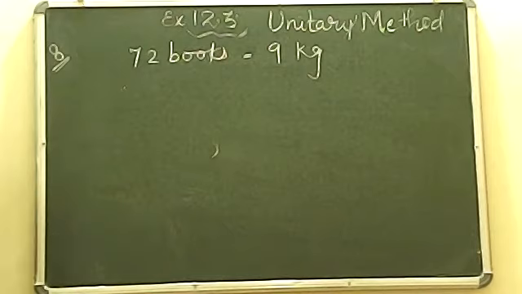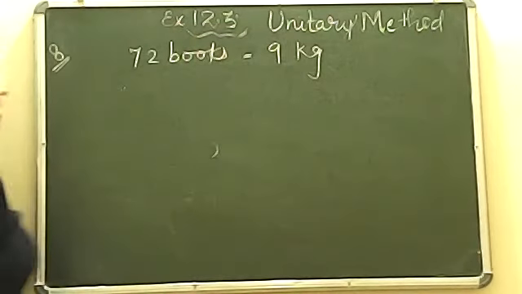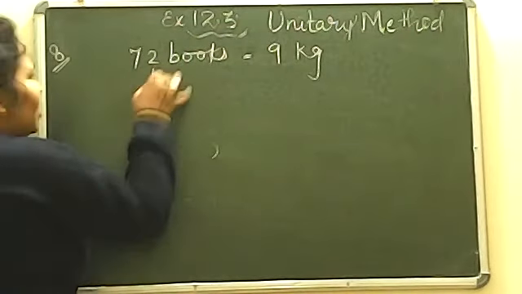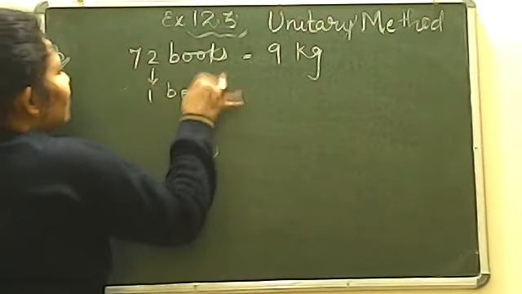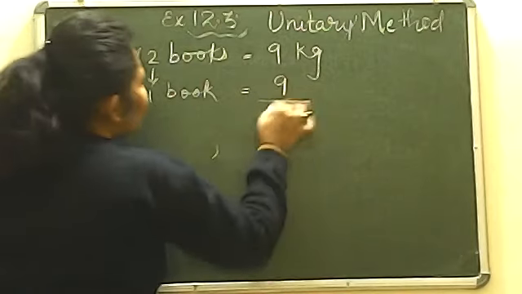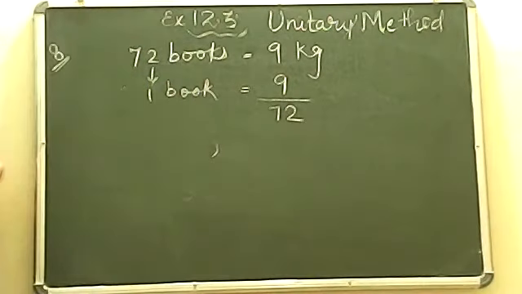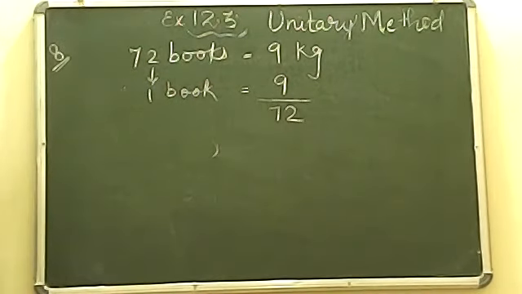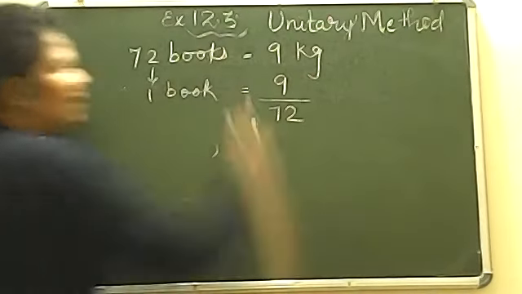First we will find out the weight of one book. So one book will be 9 upon 72. Children do 72 upon 9 because they find this number a little greater, so the greater one goes on top and the smaller one below. Beta, this is absolutely not how it works. Whichever number is given on this side, that will come and divide.